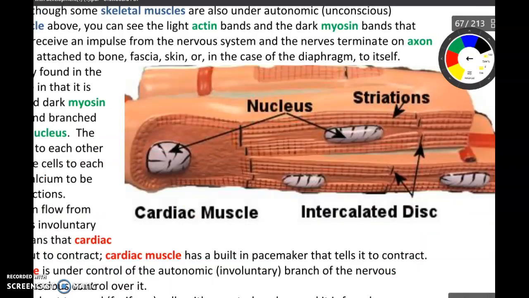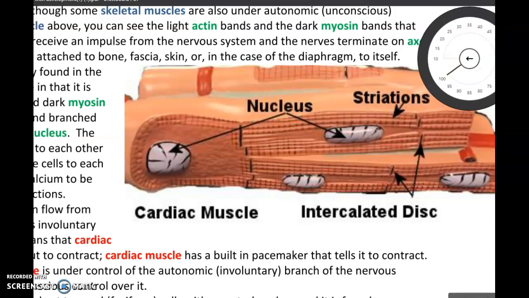Now, cardiac muscle usually only has a single nucleus. So here's the single nucleus. According to your textbook, it could have two. I think I've seen some slides actually that have two. But generally, it has a single nucleus. And again, it has banding.